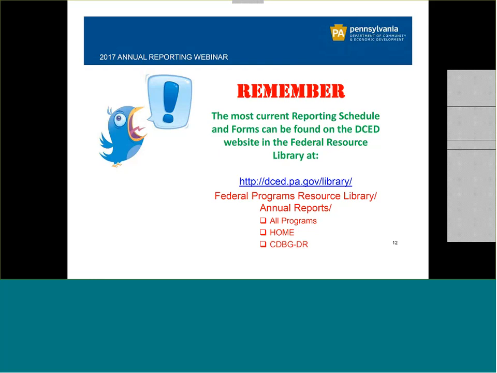All programs means just that, all programs. You'll find the recordings, you'll find PowerPoints, you'll find the reporting schedules, and all of the forms that are for everyone. If you are a HOME grantee, you need to look at both of those tabs, because you also have a HOME tab that has the specific files of forms for the HOME program.